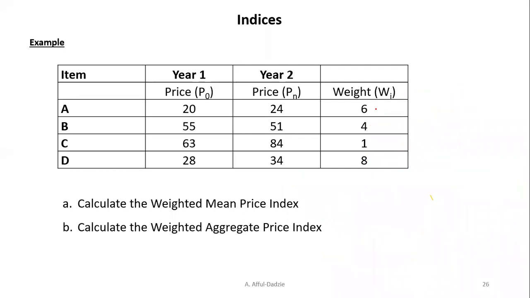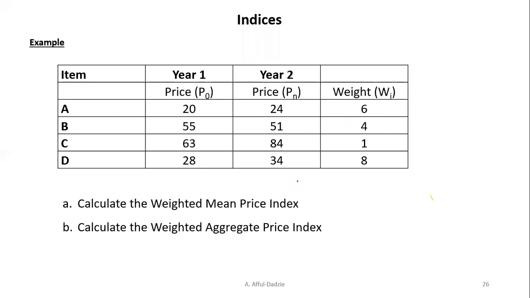All right. Now, in the case of the weighted aggregate price index, what we initially knew as a simple aggregate index, initially, we summed all of these, so we would have just done 24 plus 51 plus 84 plus 34, all divided by 20 plus 55 plus 63 plus 28, okay?